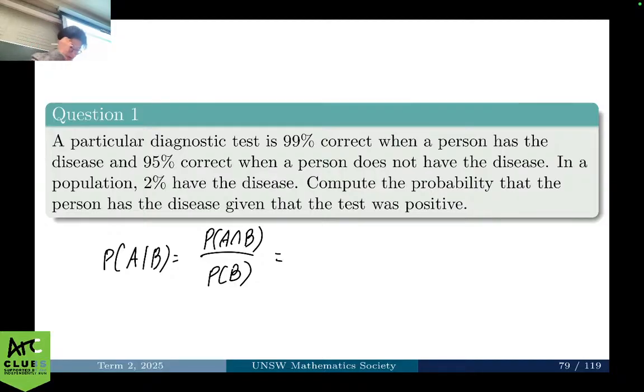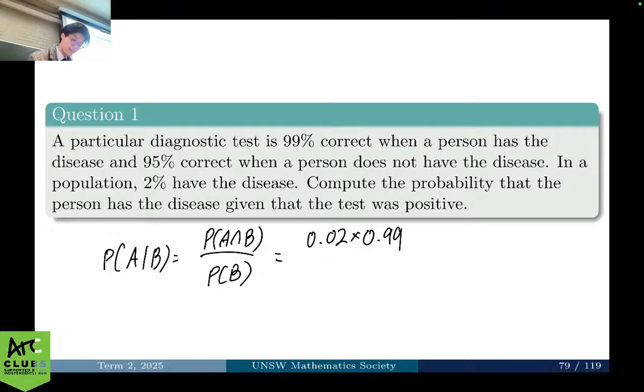Why? Well, it's just the probability that the person has the disease and that the test is positive, which is essentially just 0.02 times 0.99.